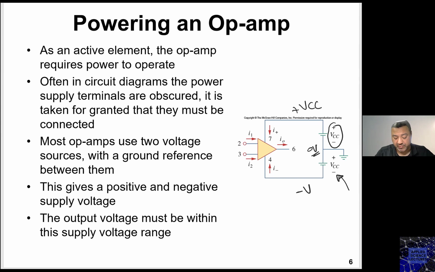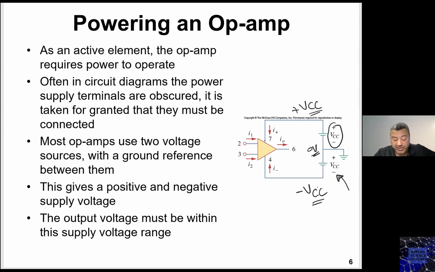That's why this is going to be minus VCC. So this is how I created a positive-negative range of power supply. And as you can see, both are VCC in magnitude, which means that they're equal. But one of them goes to the positive, which is pin 7, and the second one goes to the negative input power supply, which is pin number 4.